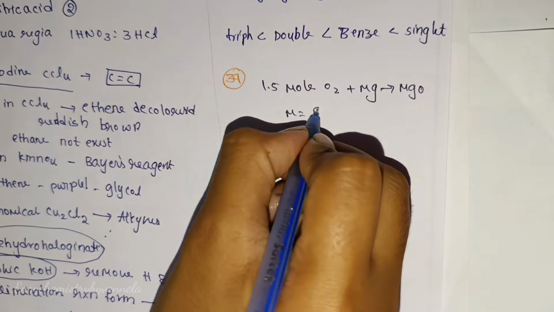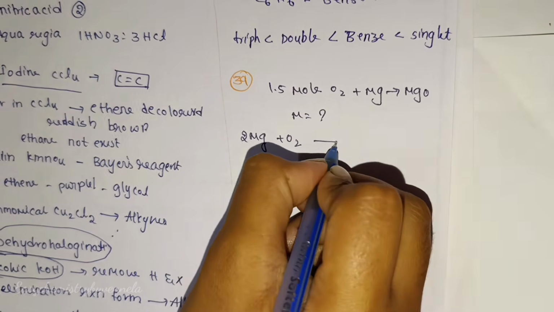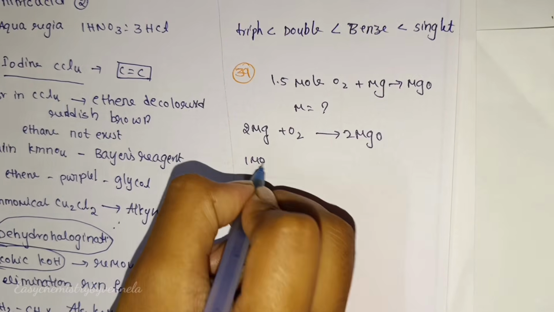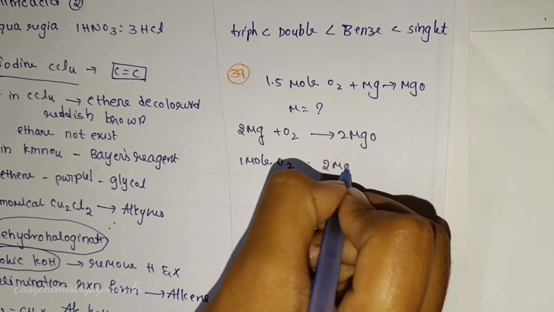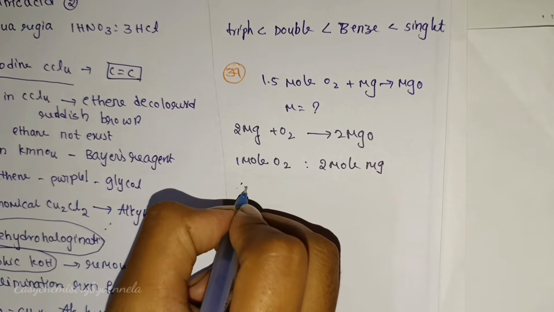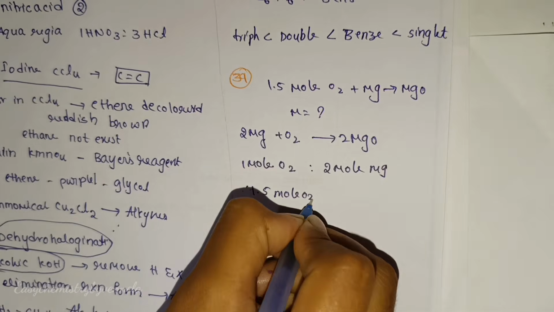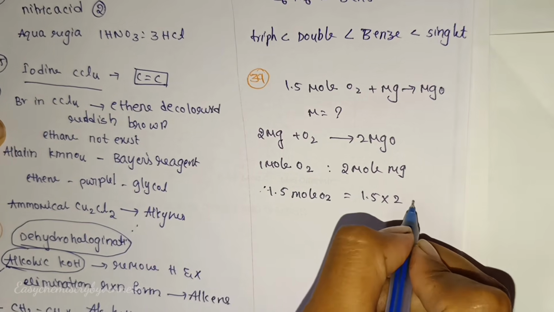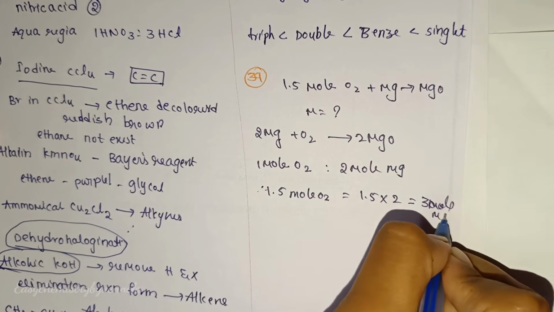You have to find out the mass. 2 Mg reacts with O2 to form 2 MgO. 1 mole of O2 and 2 moles of Mg. Here given 1.5 mole of O2. It forms how much? 1.5 into 2, total 3 moles of Mg.